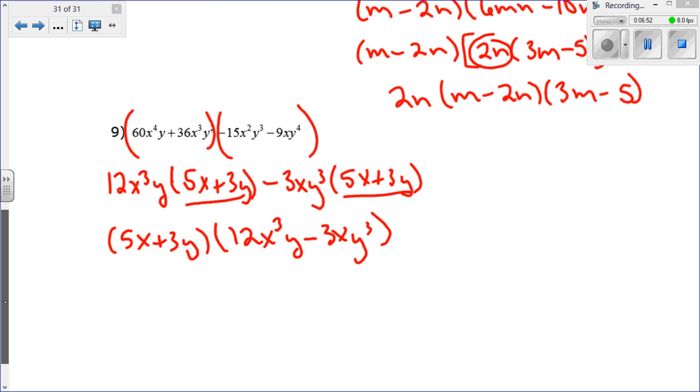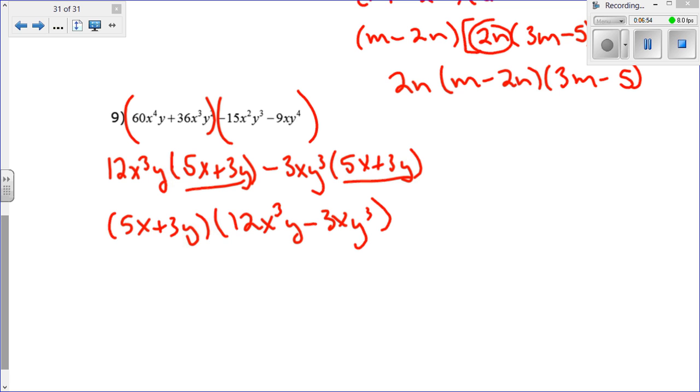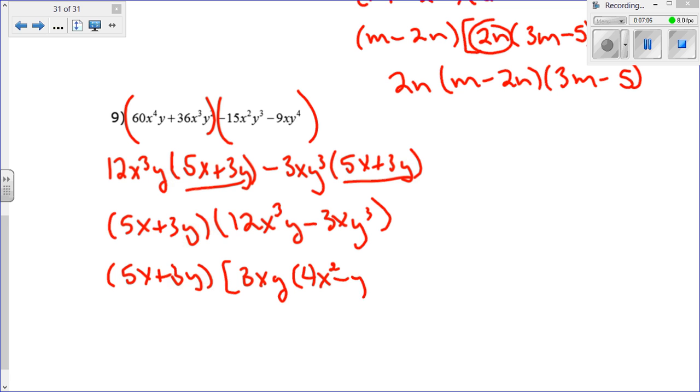And that is factorable. There's a GCF in there of 3xy. After I factor that out, I'm left with 4x squared minus y squared, which, if you look closely, is a difference of two perfect squares.